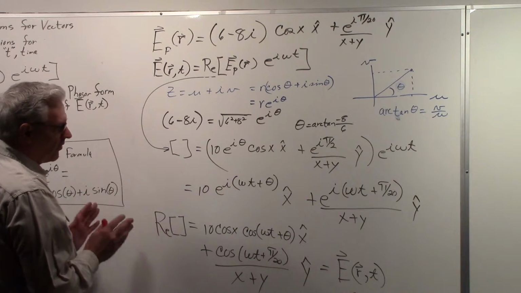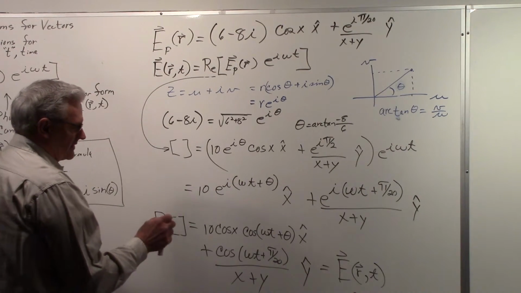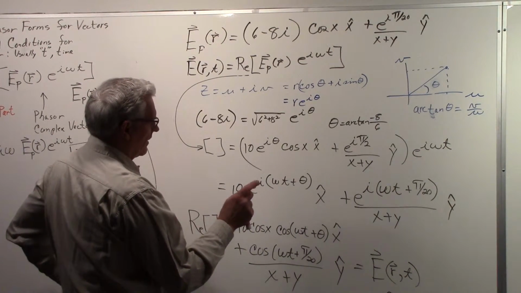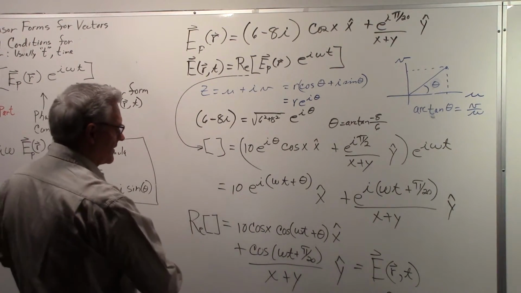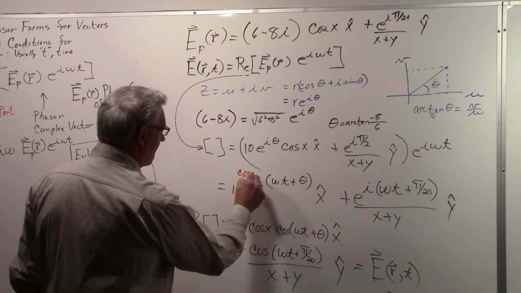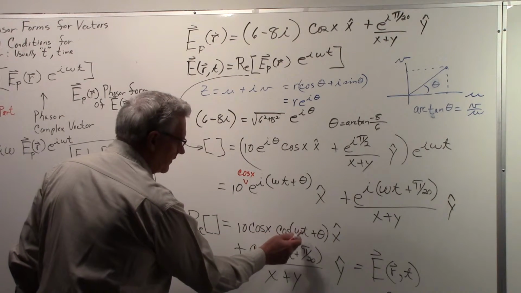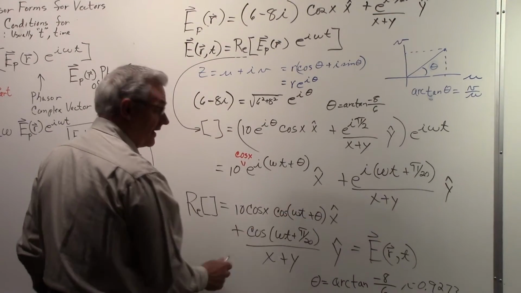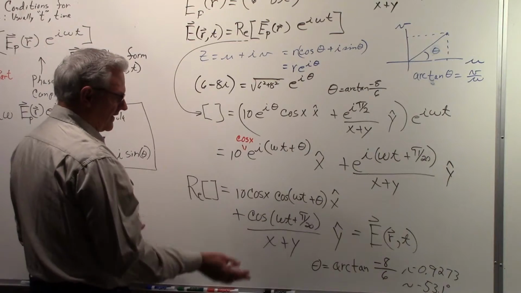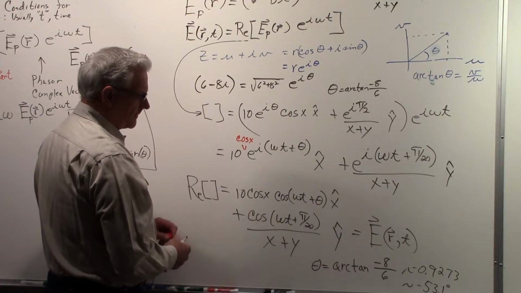We're going to take the real part of that. And if we apply Euler's formula, you can see that we would get 10 times the cosine of x. Let's see, I missed a cosine of x in here. 10 times that cosine of x, cosine from the Euler's formula of omega t plus theta, and then we'll have the i term, but we're taking the real part of it, so that goes away, and that's for the unit vector x, the x component.